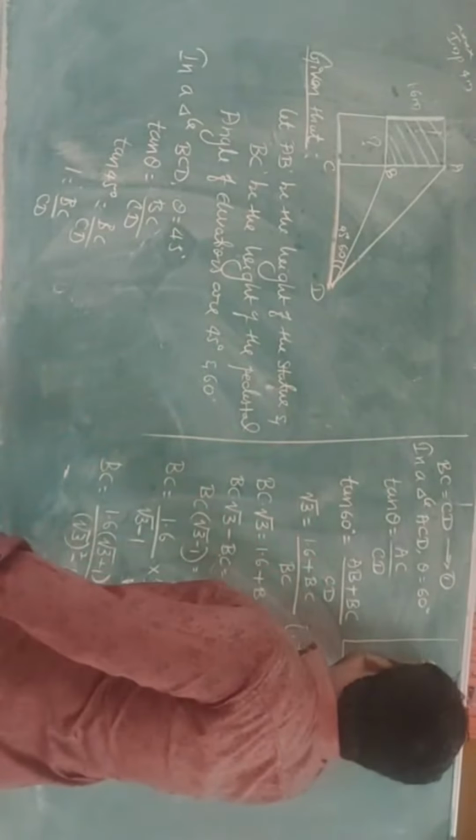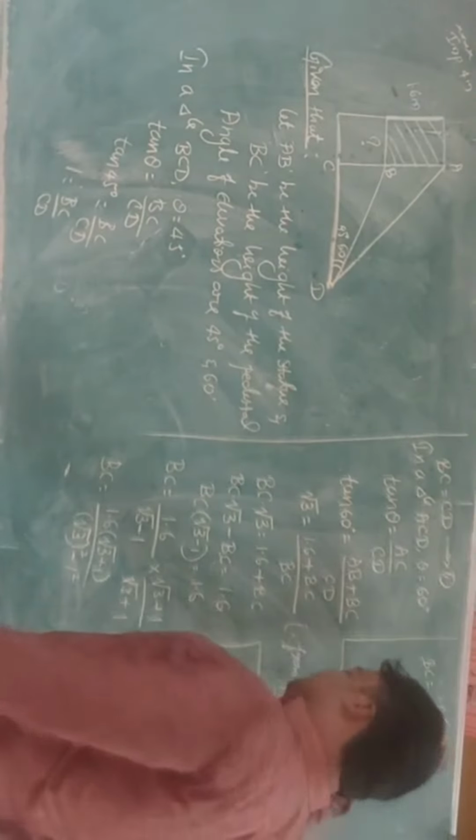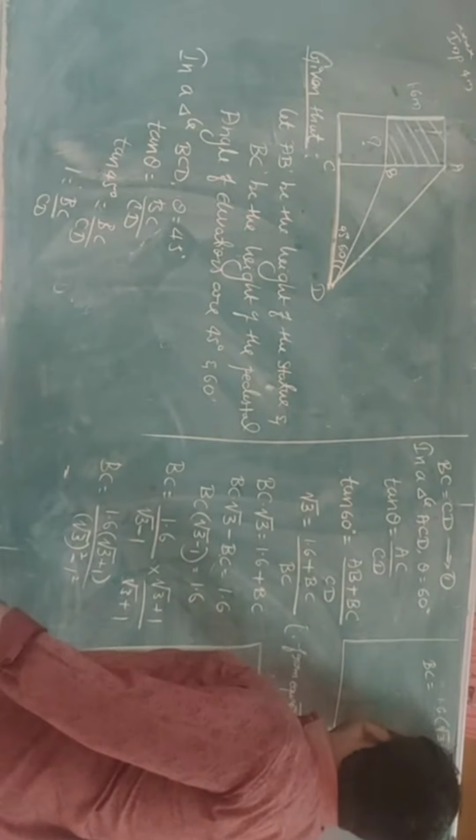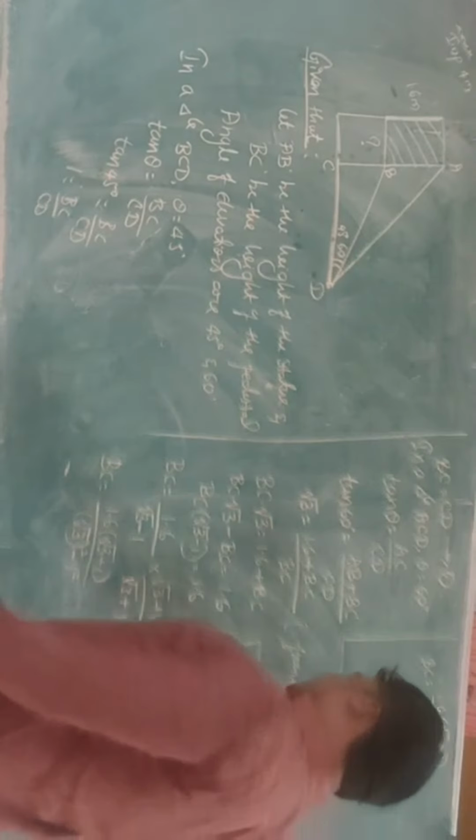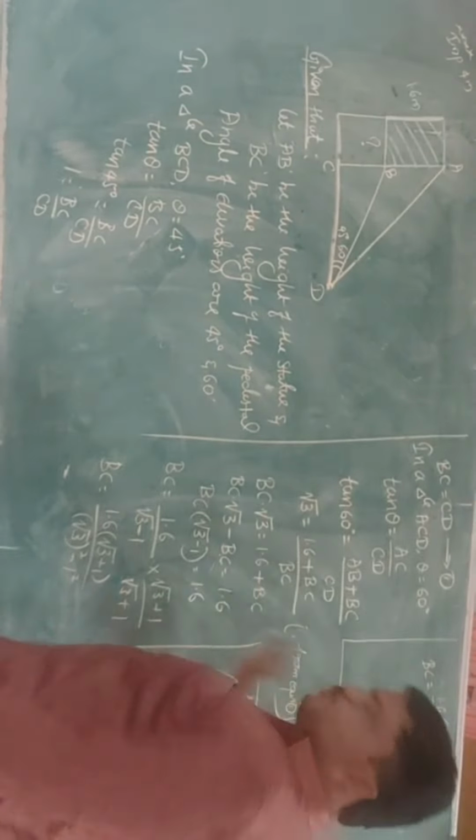Yes, now BC is equal to 1.6 into bracket root 3 plus 1 divided by 3 minus 1, as the square root and square get cancelled here.